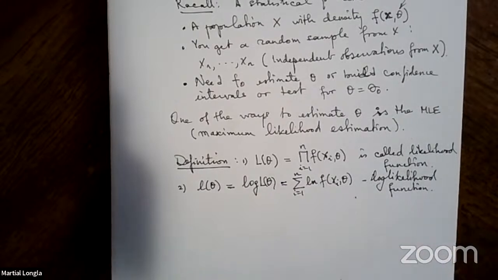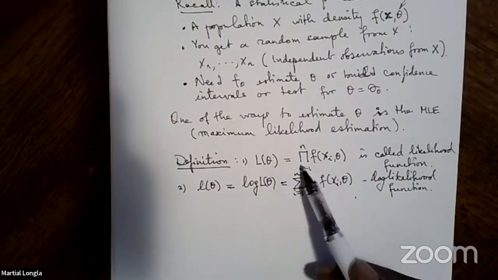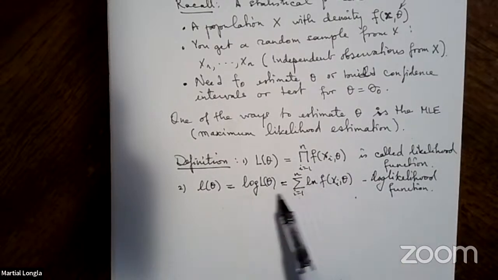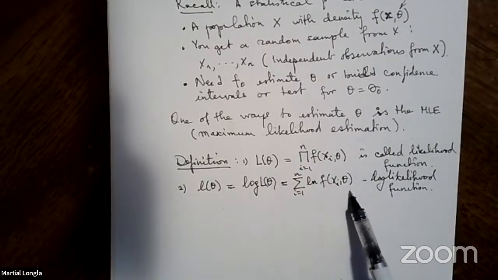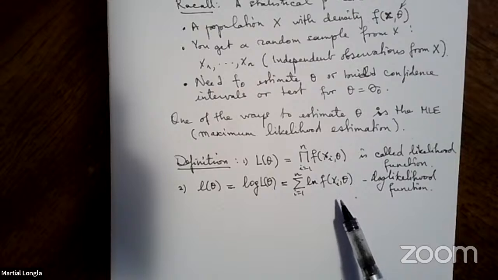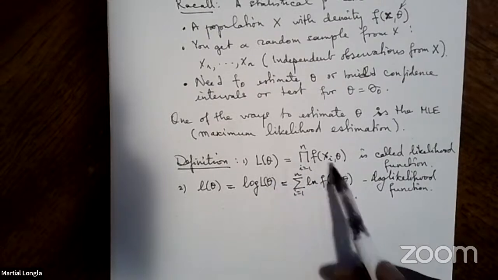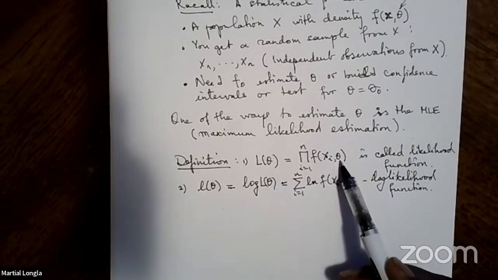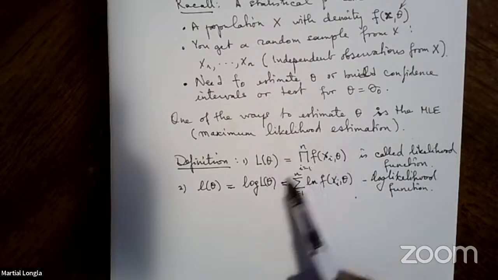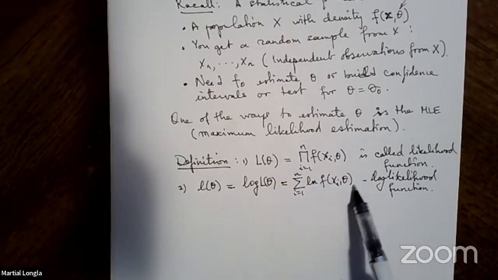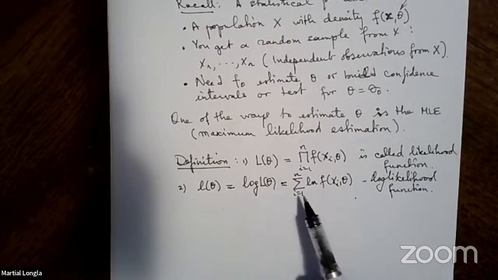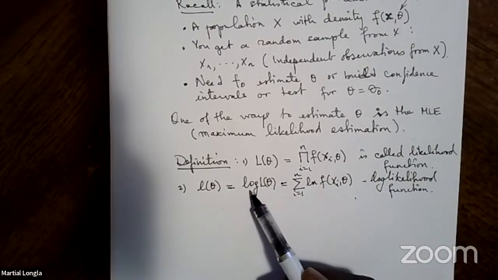And in theory, we show that maximizing this function is the same as maximizing that one, which means that the number theta that provides the maximum to this function is the one that provides the maximum to this one. Why is that? Because the natural log is a one-to-one increasing function.